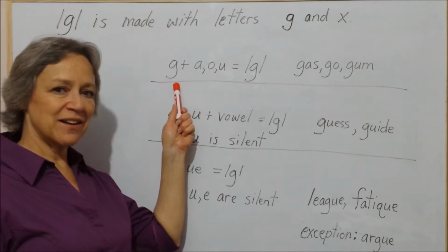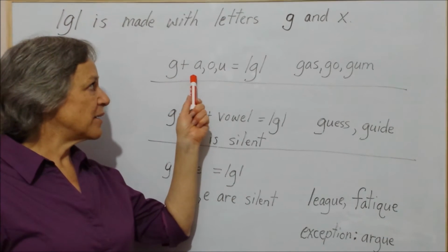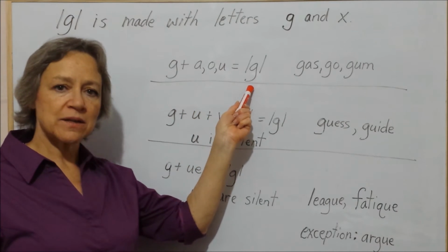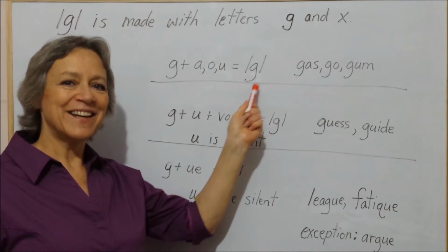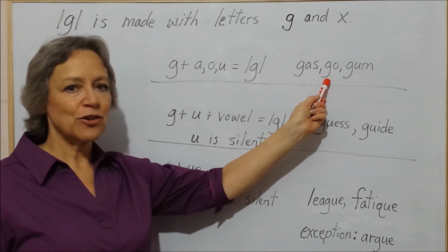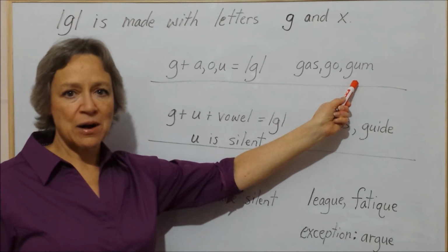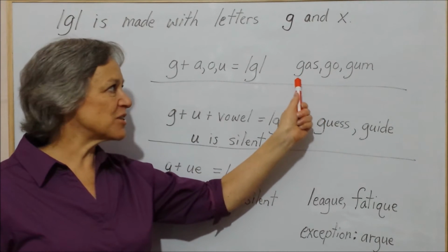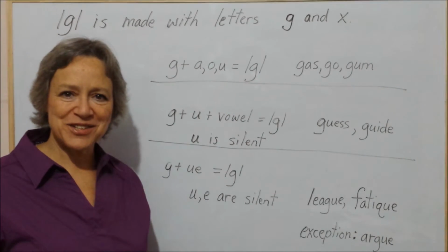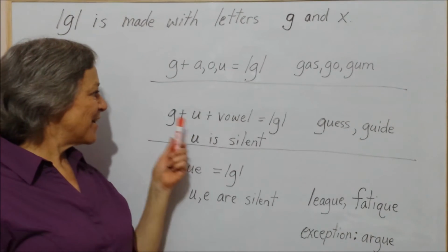When the letter G is followed by the letters A, O, or U, it usually makes the G sound, okay? Here are some examples. Gas, go, gum. Each of these words starts with G, okay? The G sound, all right?